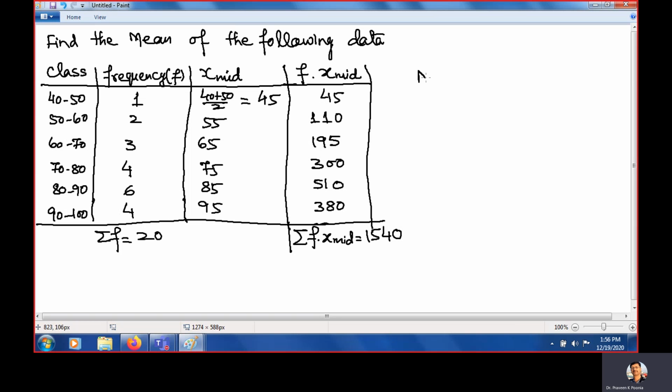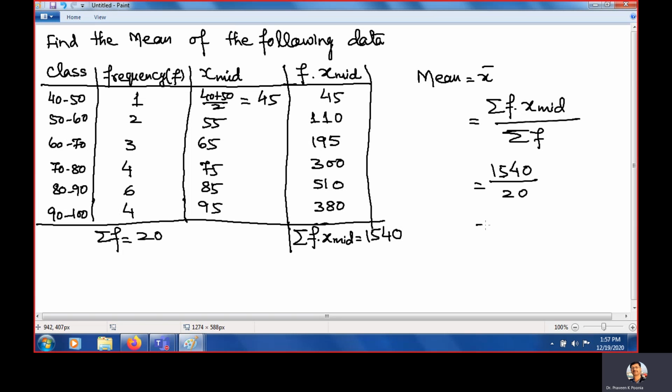So what is the mean? Mean is equal to x bar is equal to sigma f into x mid upon sigma f, and this is 1540 upon 20, and if you divide it you will get 77. So this 77 is the mean.